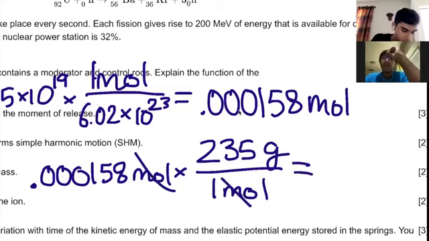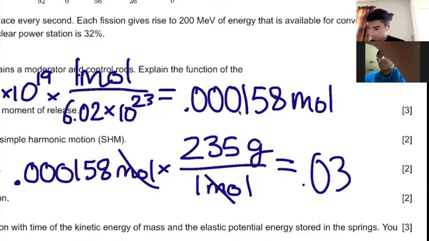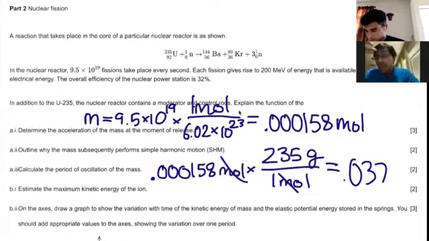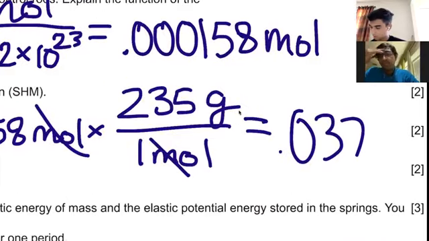Times 235 gets 0.037. Two significant figures, right, since it's 9.5? Okay, 0.037 grams.